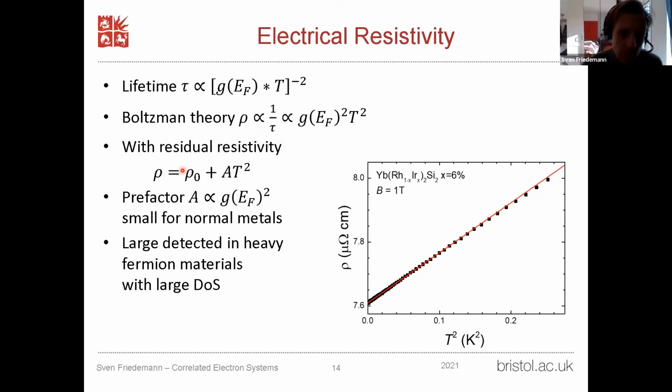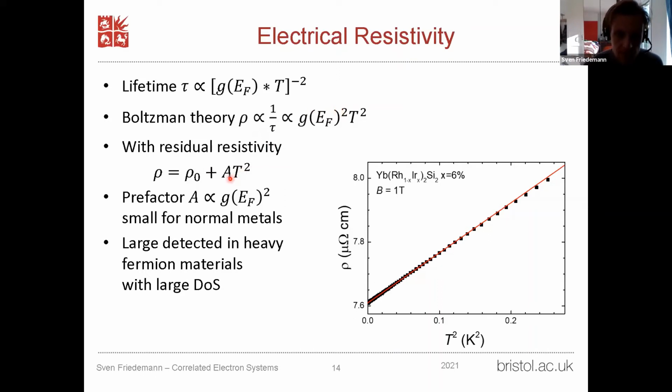So we've got scattering on impurities here marked as rho naught, and we've got this term A times T squared, which marks the electron-electron scattering. Now this prefactor here, we've got it up here, is proportional to this density of states, squared in fact.